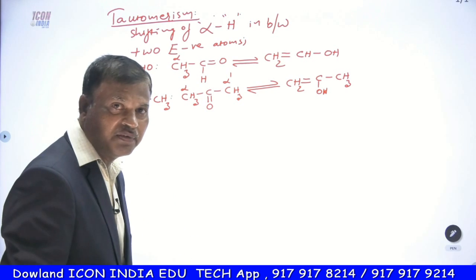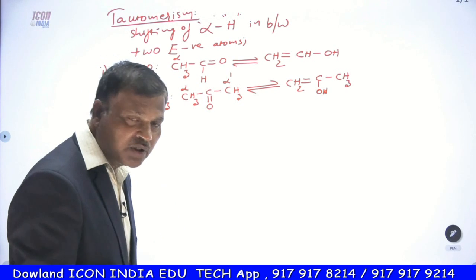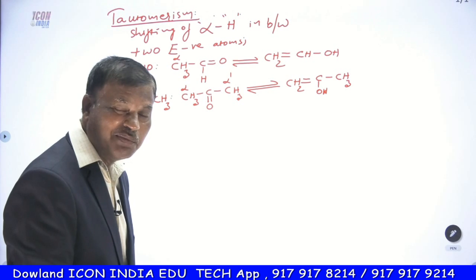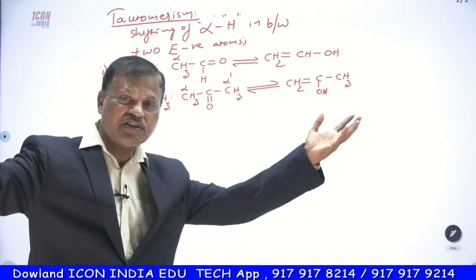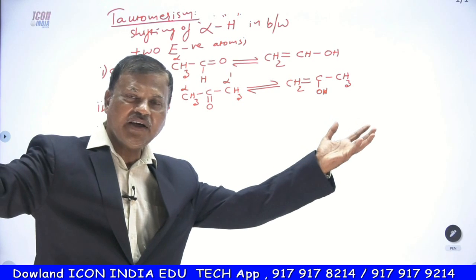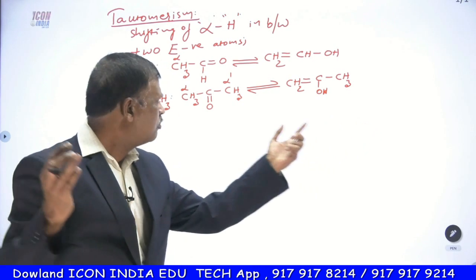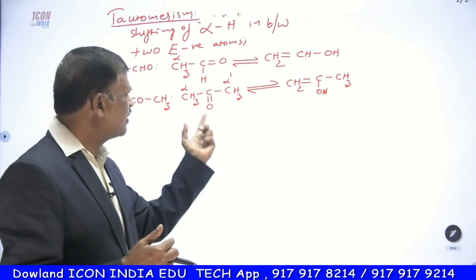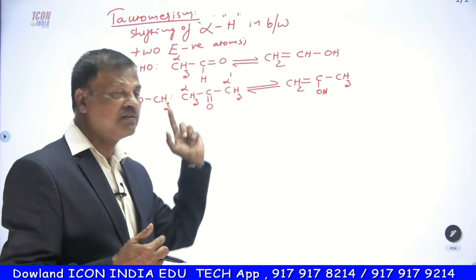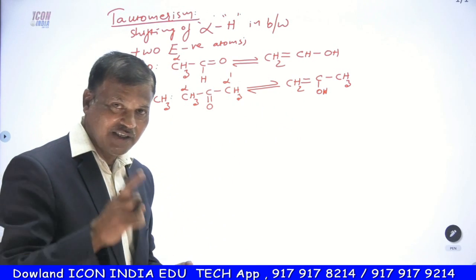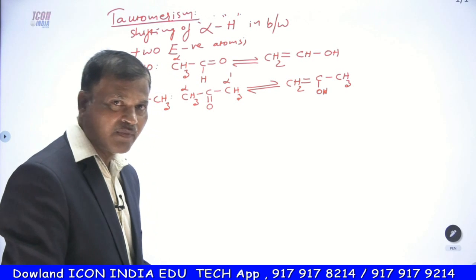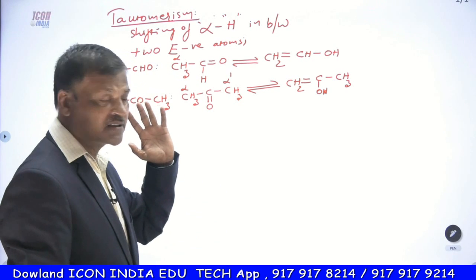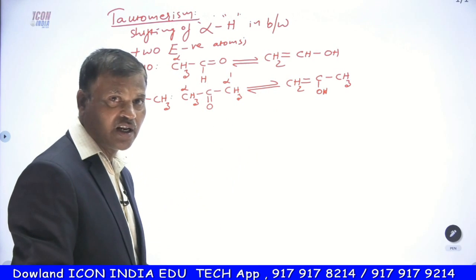That is the basic difference. For example, ethyl alcohol and dimethyl ether are functional isomers, but they are not interconvertible, whereas these are interconvertible. This form converts into that, and that form converts back into this. That is the difference between normal functional isomers and these dynamic functional isomers.